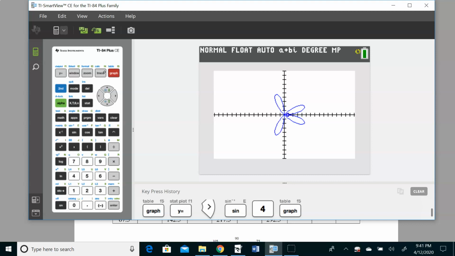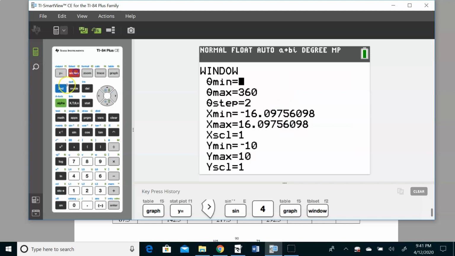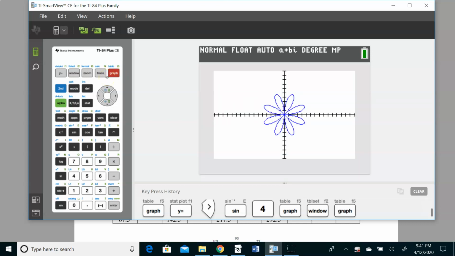And I get this graph. It is another flower graph, except now it has 8 petals. We'll have to talk about why it's 8 petals and not 4 petals in a minute. Maybe it's a little jagged. Oh, not too bad, because I set my theta step on my calculator as 2, so it's drawing things pretty clearly. So how do I do this on the table?